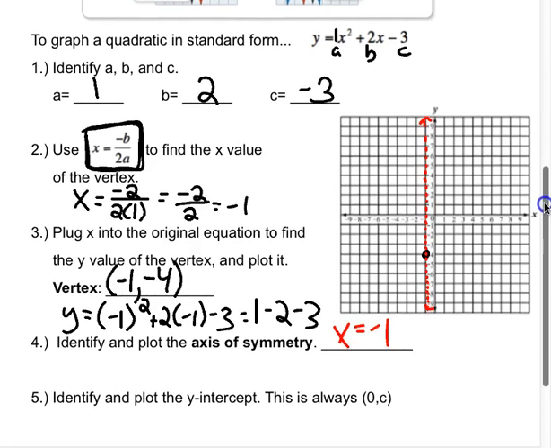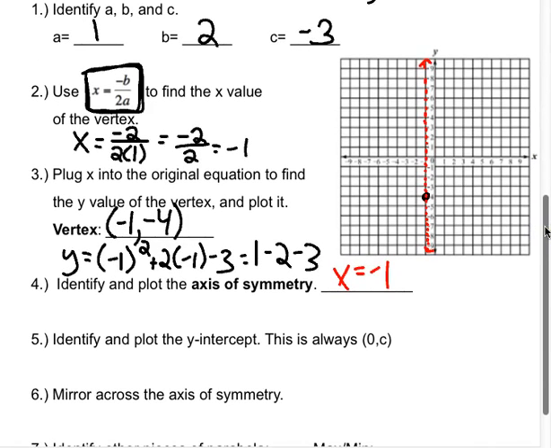Now, the next step is finding the y-intercept. Remember, the y-intercept is when x is 0. So for a moment, I want you to picture plugging 0 into this equation.